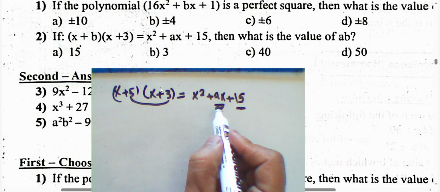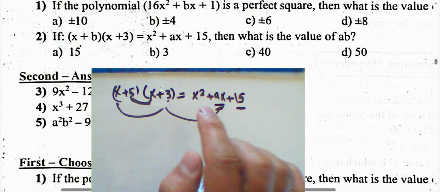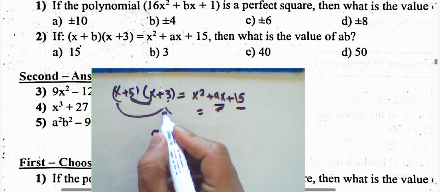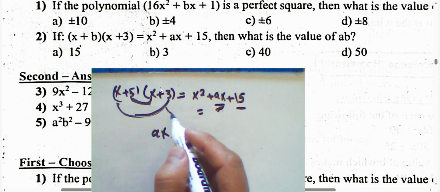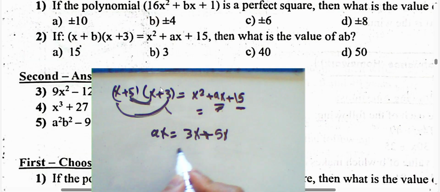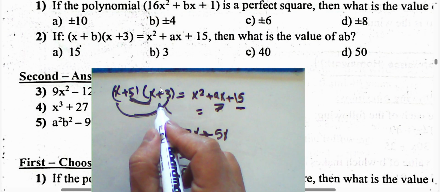And what is a? It equals the sum of the extremes and means. The product of extremes is 3x and means is 5x. So ax equals 8x.